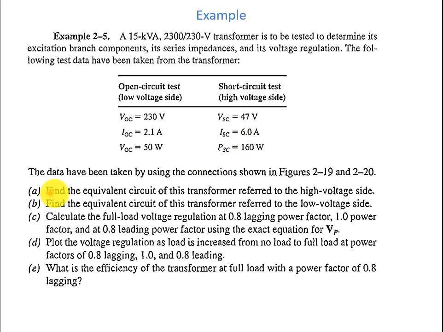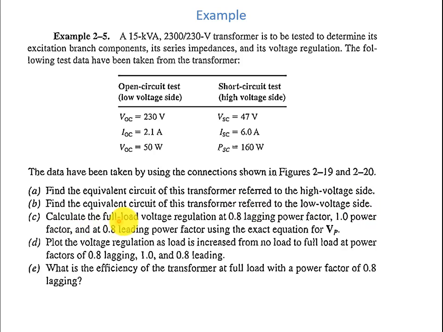Now what we have to do is find the equivalent circuit of this transformer referred to the high voltage side. Then we have to find the equivalent circuit of this transformer referred to the low voltage side.